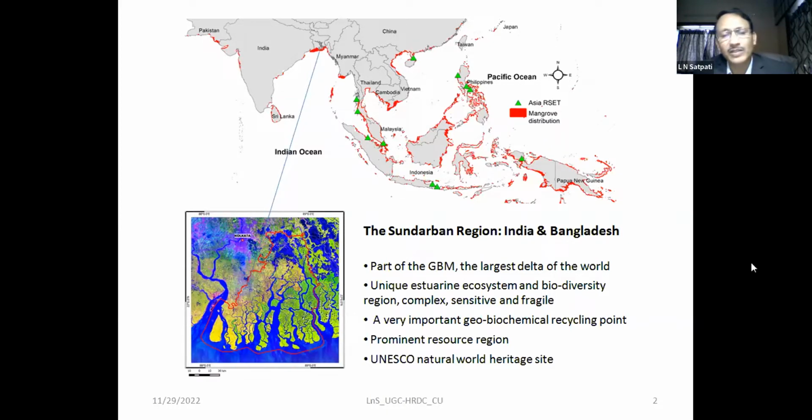And then it is also a very prominent resource region of the world, and that's why they call it a reward region. That's why people settled here as agriculturists by clearing the forests, and then they became fishermen. Then these two economies went on.